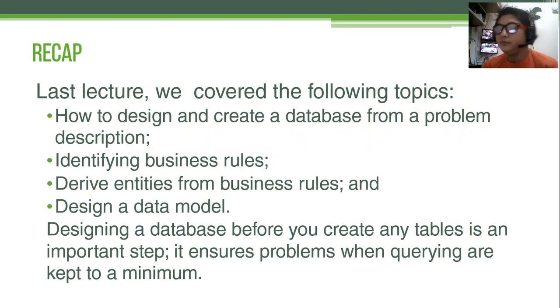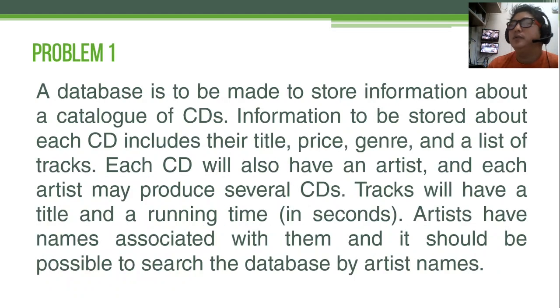Okay. So last time, I already recapped this earlier. Okay, problem number 1. Let's have some examples. This is now a problem statement, which the client will give you when you develop or design a database. So, I have a database to be made to store information about a catalog of CDs.